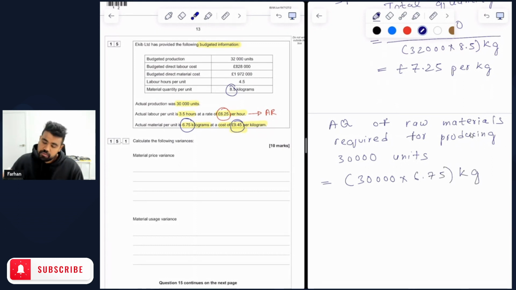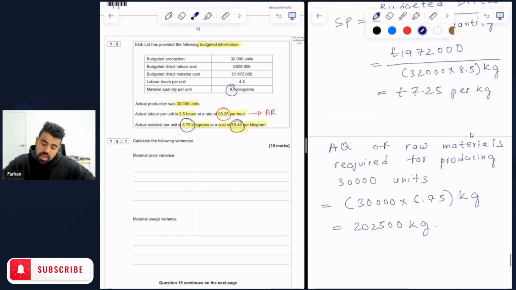The unit is obviously kilos because we are referring to quantity, and you should get 202,500 kilograms.